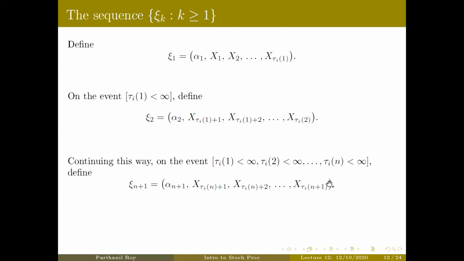Again, the same comment applies. This is a vector with number of components alpha n plus 1 plus 1, so it's 1 plus alpha n plus 1. And it can be infinite. So if tau y of n plus 1 is infinite, then the length can be infinite.